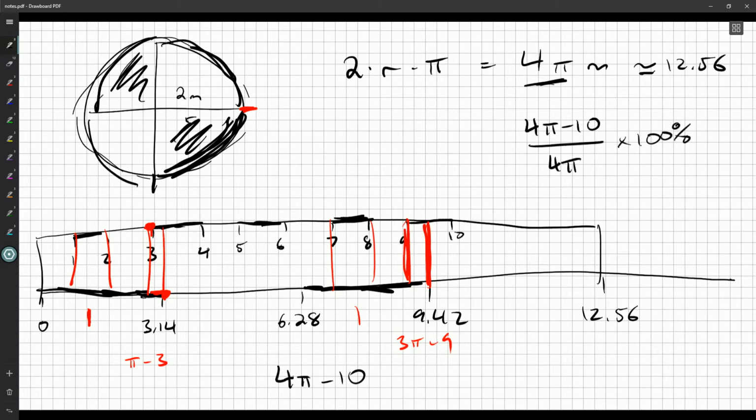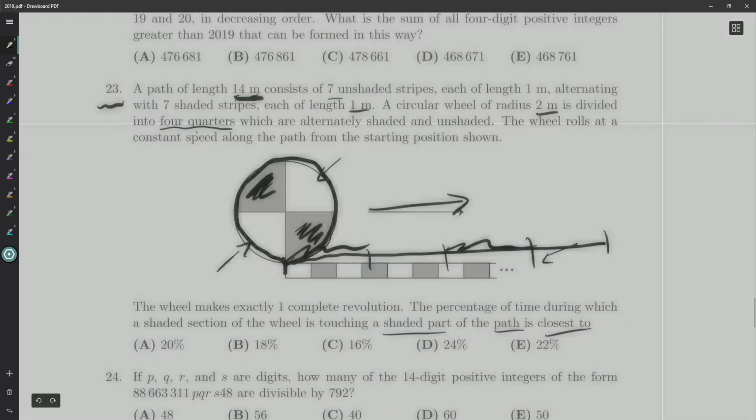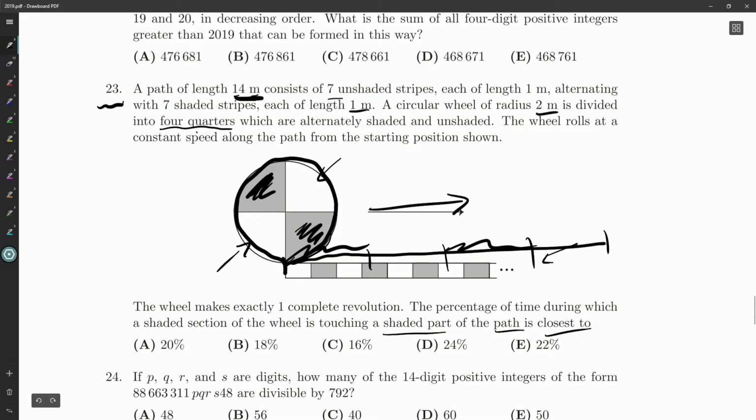So that's about 0.203, multiply it by 100, and we get 20.3%. Which one is that closest to? That's closest to A, 20%.